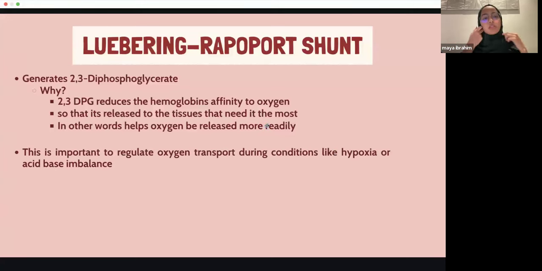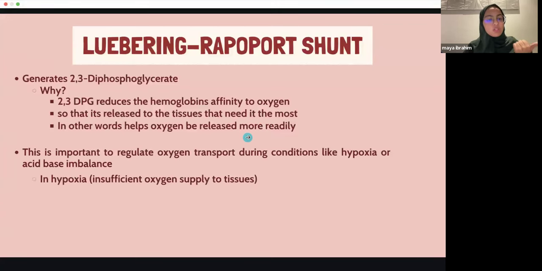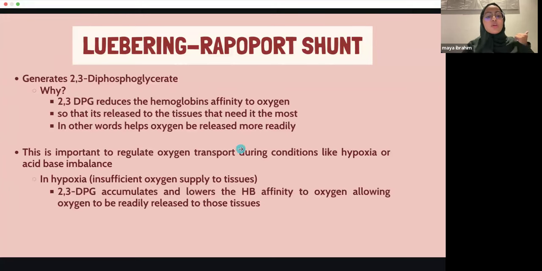And this is important in two cases that your doctor mentioned, which is hypoxia and acid-base imbalance. Hypoxia, as we mentioned before, is the insufficient oxygen supply to the tissues. In hypoxia, we need oxygen to be released more readily to the tissues. So 2,3-DPG or diphosphoglycerate accumulates and it lowers the affinity of hemoglobin to oxygen, so it can be released more readily.